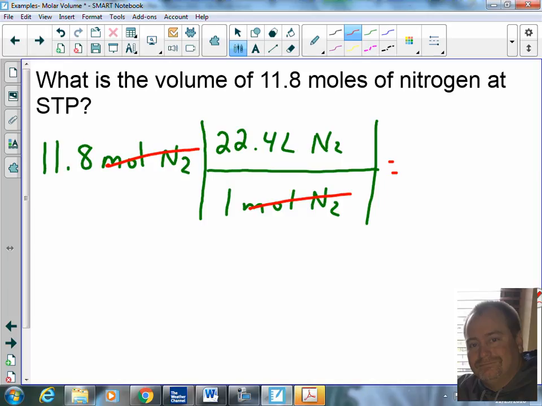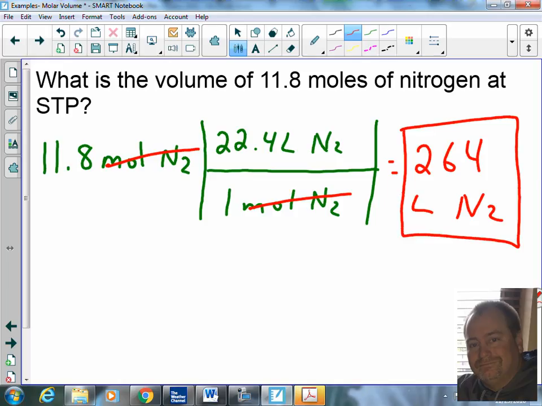It's going to give me a value of 3 sig figs, 264 liters of nitrogen. Give me a thumbs up on that. We get it? All right. Wonderful, ladies and gentlemen. That's right there is mass to volume, moles to volume. Okay?